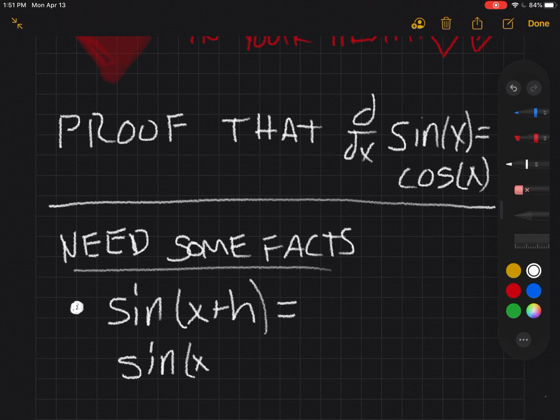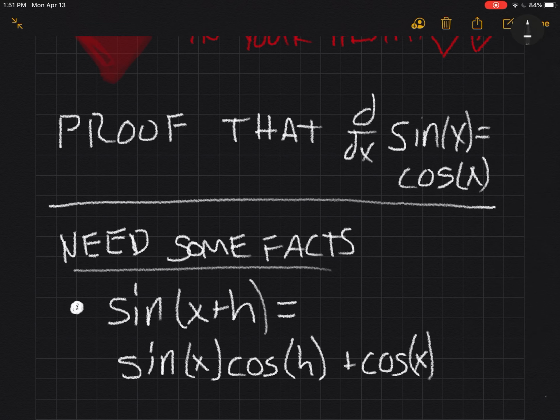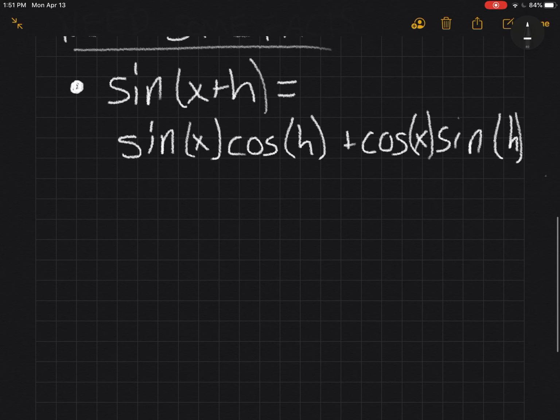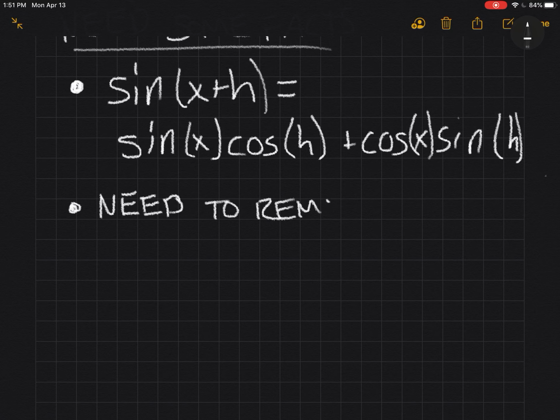We have here a formula that tells us if I have the sine of the sum of two angles, x plus h, then that is equivalent to this statement: sine of x times the cosine of h plus the cosine of x times the sine of h. This is a fact from pre-calculus, from trigonometry, so you can look it up if you want a proof of this or if you need more information about it.